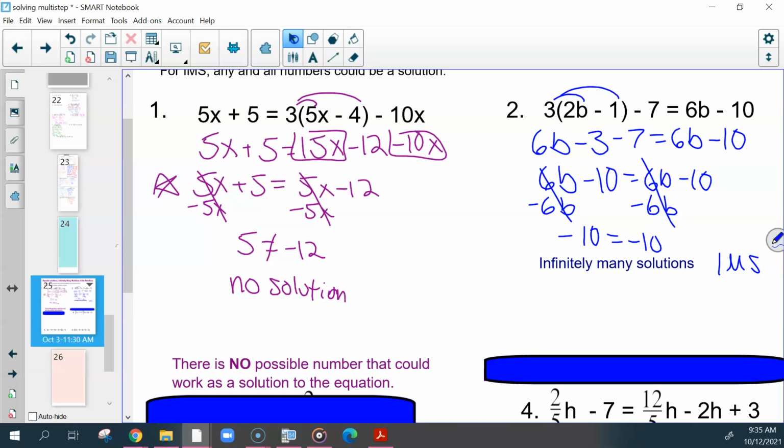So no solution is the same coefficient with different constants, infinitely many is the exact same on both sides. The other thing is one solution, which is basically what we've been doing all this time, finding one solution. You know it's one solution if your coefficients are different.